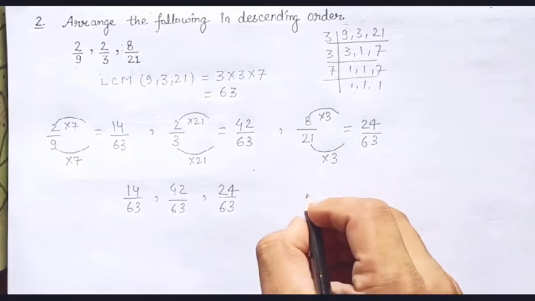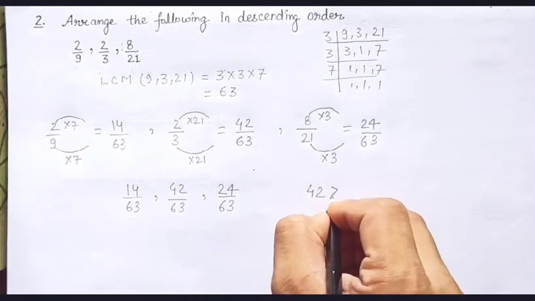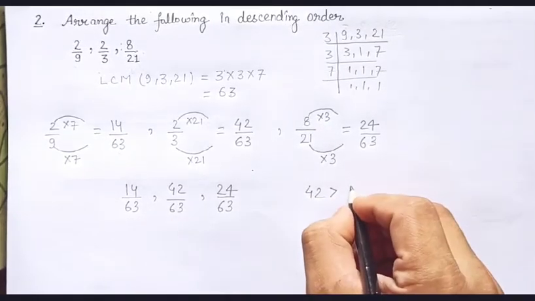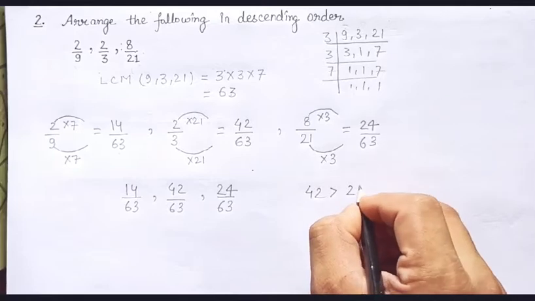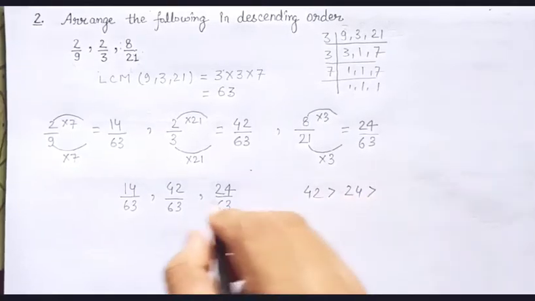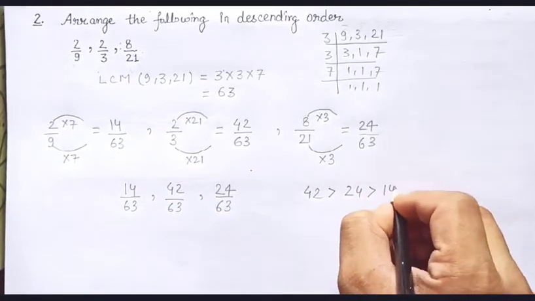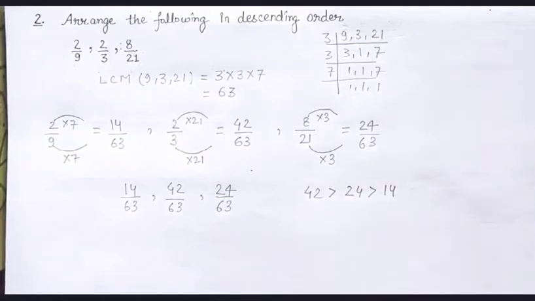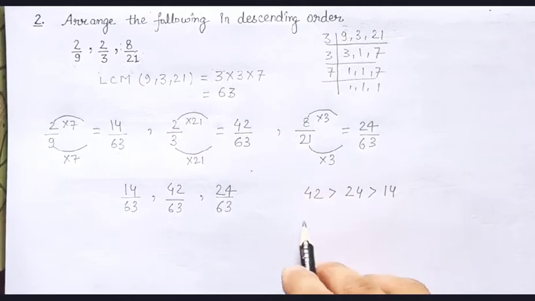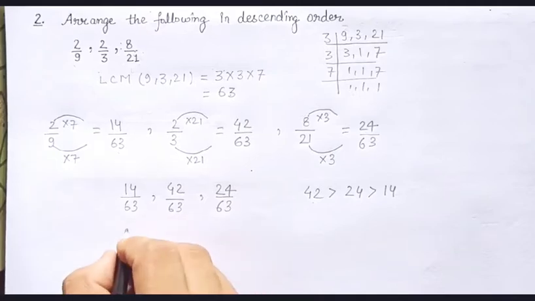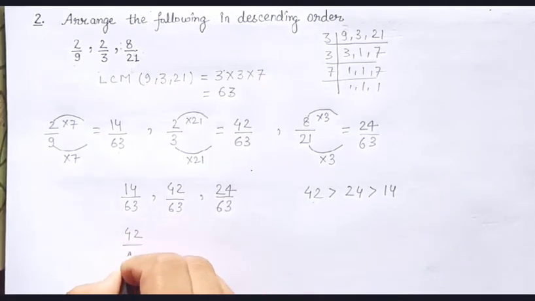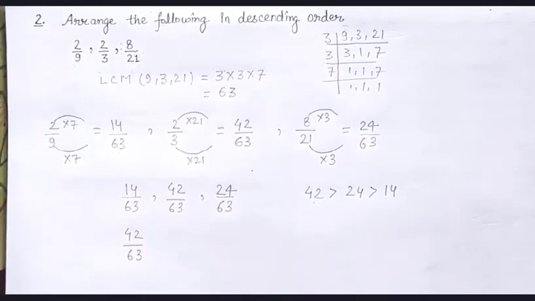So it is clear that 42 is greater than 24 and 24 is greater than 14. That is, the fraction having numerator 42 is the greatest of these fractions. That is, 42 by 63 is greatest.